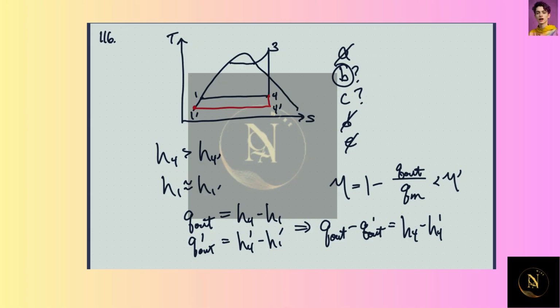And since H4 is greater, that's going to be greater than 0. So the old heat transfer out is going to be greater than the new heat transfer out. So the amount of heat rejected will decrease. Well, that's true. So the answer is actually B, but let's look at the other ones.